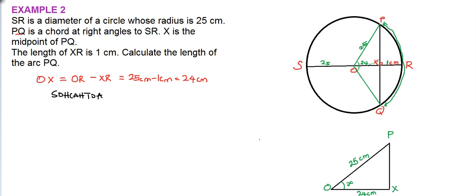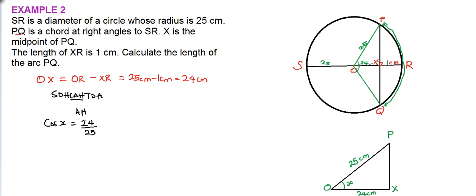To find out which trigonometric ratio to use, let's see what we're given. We're given the side that is adjacent to angle X and the hypotenuse, which is the longest side, OP. So we need to use cos of X equals adjacent, which is 24, over the hypotenuse, which is 25.